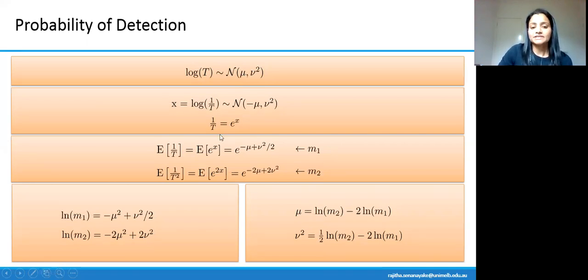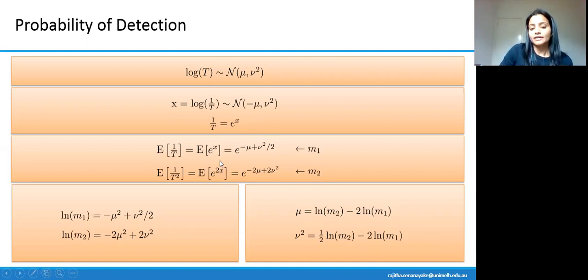So this simply means that 1 over t is equal to the exponential of x, e to the power x. And if I write the first and the second moments of this random variable, that is basically the expected value of e to the power x and the expected value of e to the power 2x.